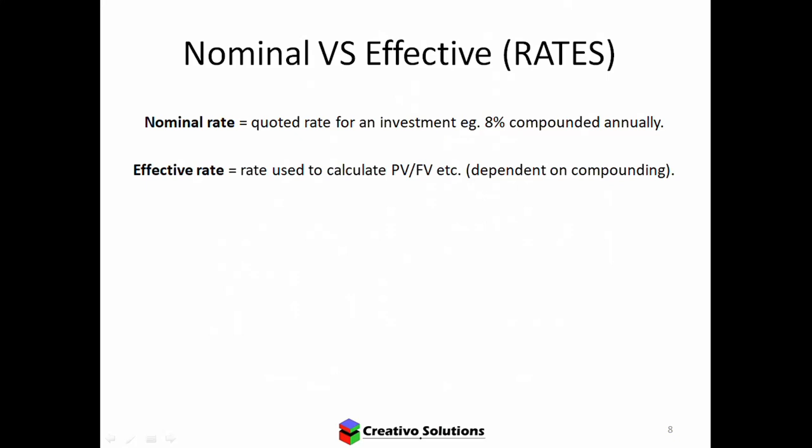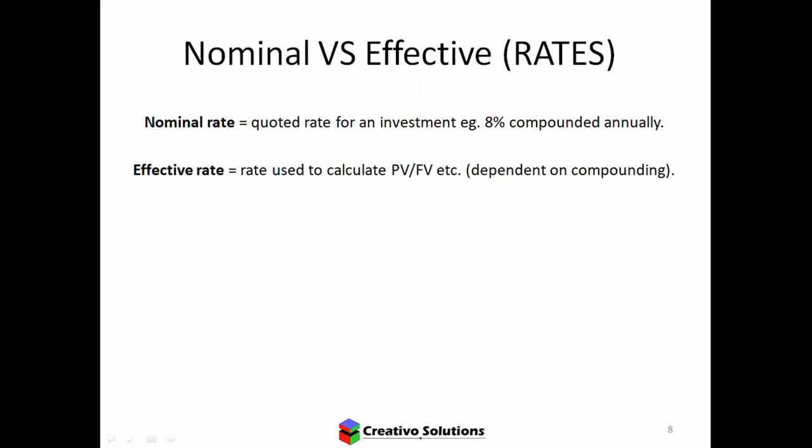But if I have a nominal rate that's quoted, let's say 8% compounded monthly, that means you're going to be earning interest on a month-to-month basis. So in actual fact, the effective rate on that particular investment is going to be slightly higher than what it would be if compounding was per annum.